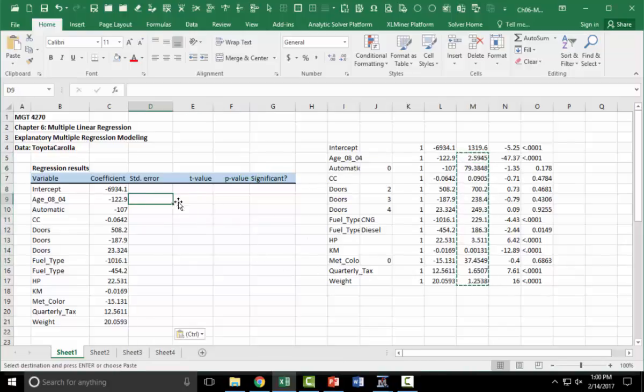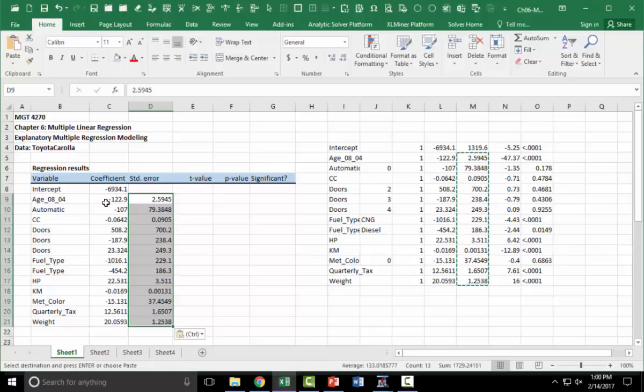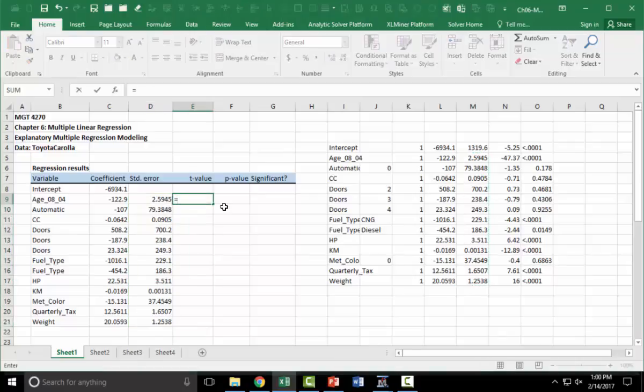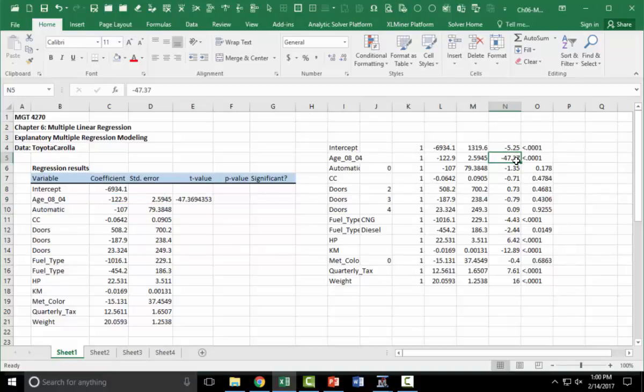Okay, we don't need a test for the intercept. So these are the coefficients and these are the corresponding standard errors. Then the t-value will be the coefficient divided by the standard error. And you see that's exactly the same as what we got in the SAS output.